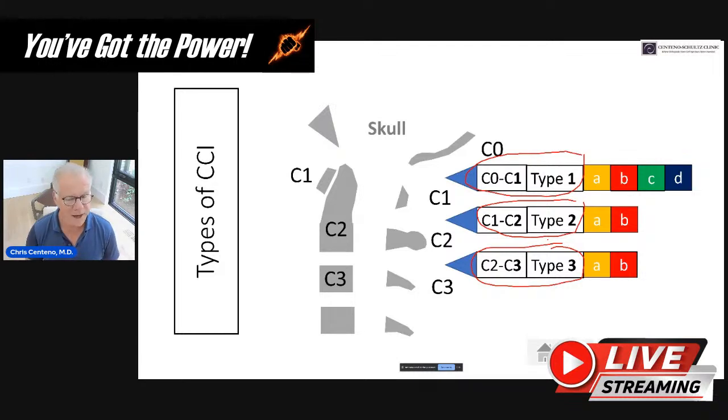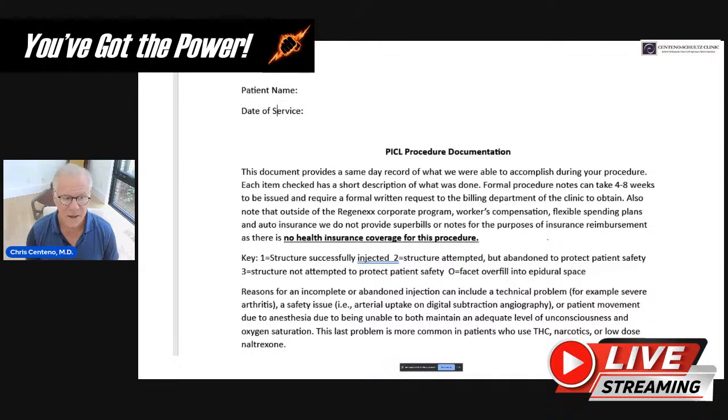And that's reflected, as you'll see here, in all the different parts and pieces that get injected during a PICL procedure. So this is what this form looks like. This is a form that we'll be handing out to patients. We're having some difficulty with medical records requests. Everyone wanted their PICL documentation to try to see what was injected, what wasn't injected.